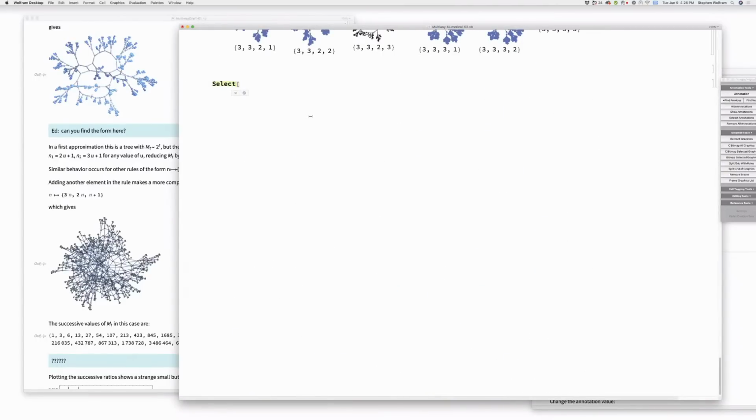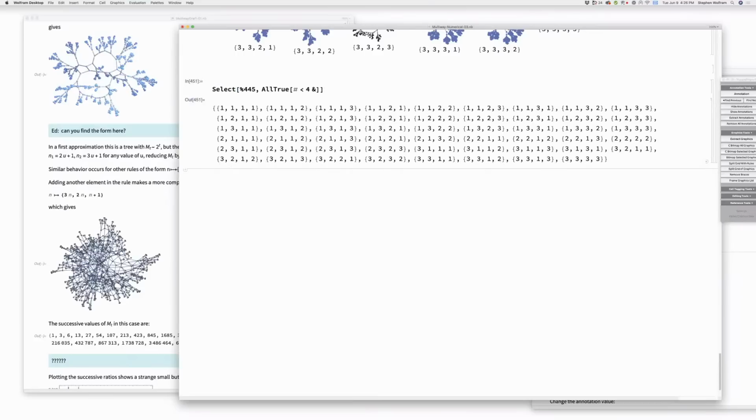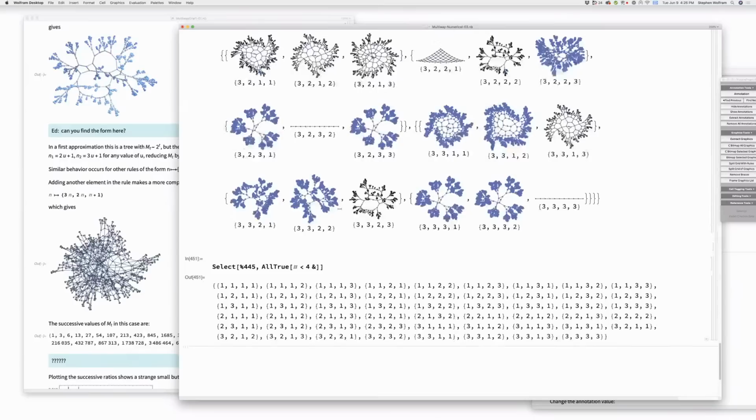select %445, any true, all true, hash less than 4. Okay, that's the case of all the ones that we found as being causal invariant.